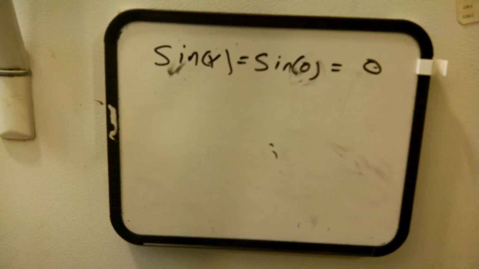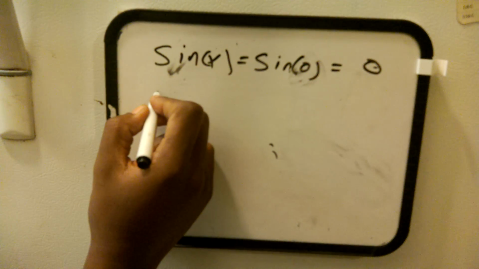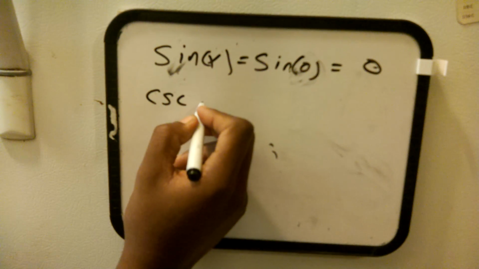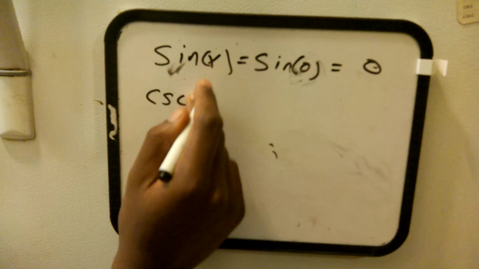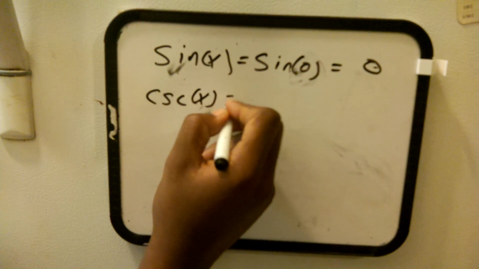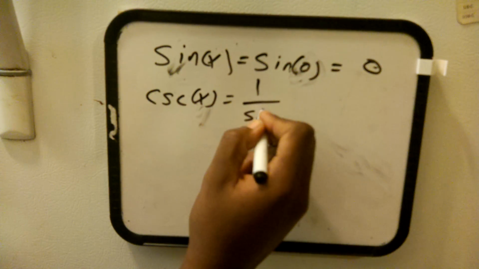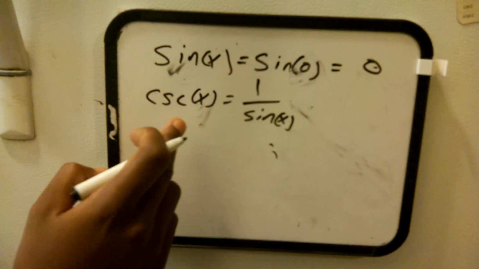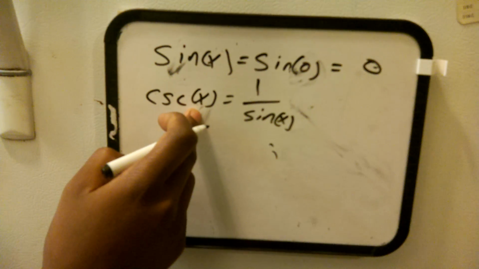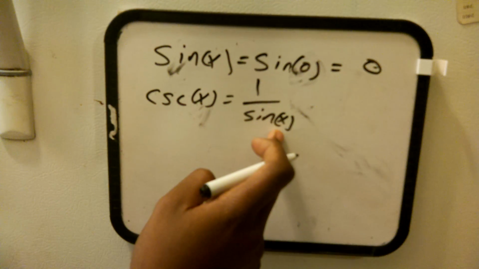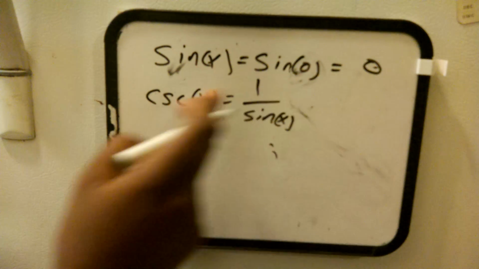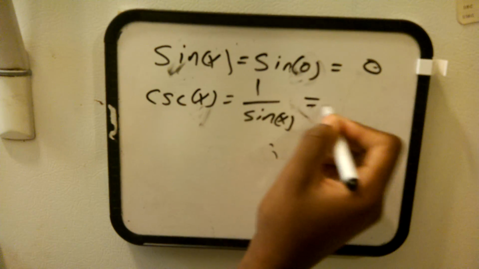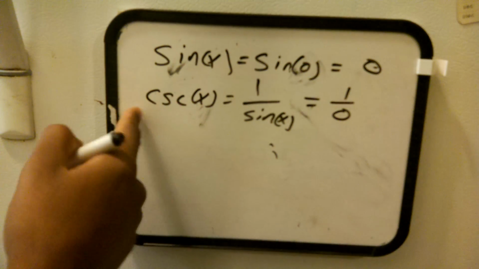Well, what if we take this and say cosecant of x equals 1 over the sine of x? If we put a 0 here, it will cause it to be a 0 here, right? And we know that the sine of 0 equals 0, so it would equal 1 over 0. That would be our answer.